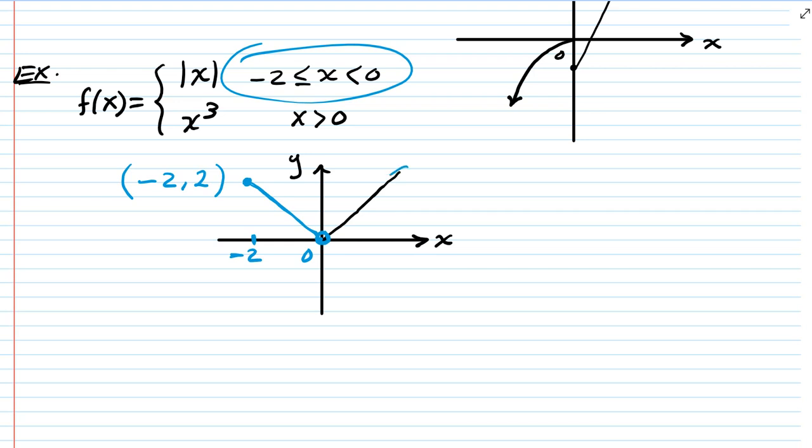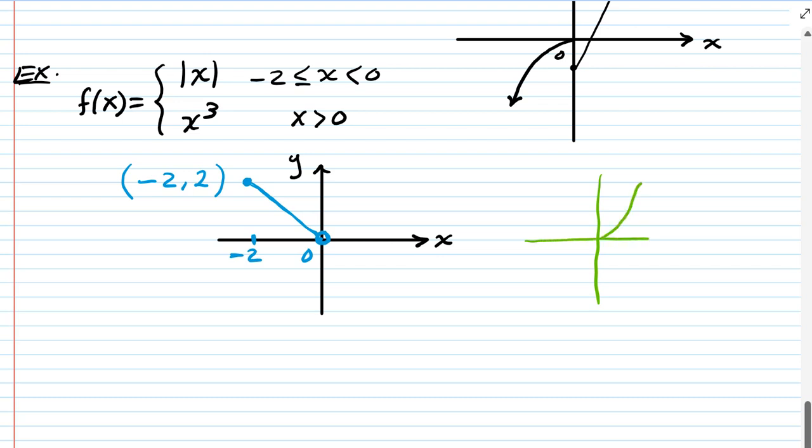This part of the graph, we don't need, because that's the graph of absolute value only when x is less than 0, between -2 and 0. And it's important, notice I have an open circle at 0, means 0 itself is not included. Now, the graph of x cubed, what does x cubed look like? If you remember the x cubed in our gallery of functions, what did it look like? It looked like so. There it is.